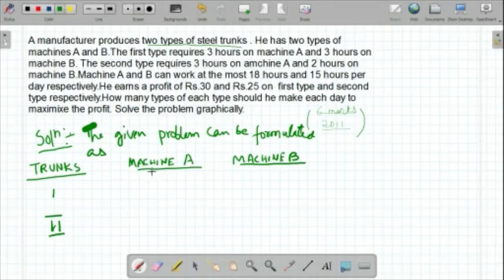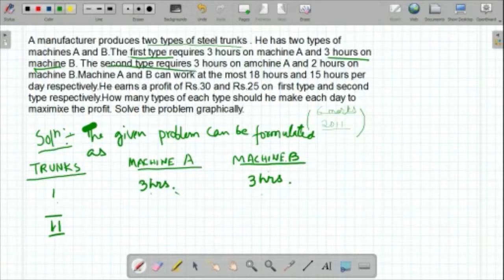Machine A and machine B. The first type requires 3 hours on machine A and 3 hours on machine B. So for trunk 1, machine A takes 3 hours, machine B takes 3 hours. So this sentence is over.